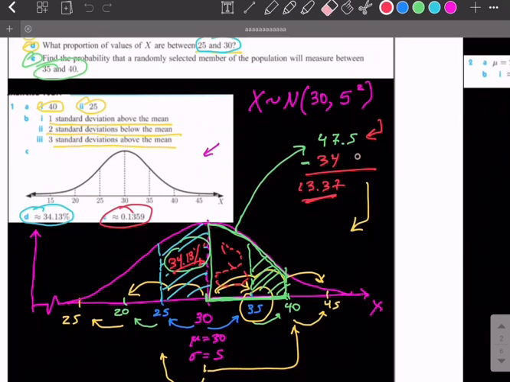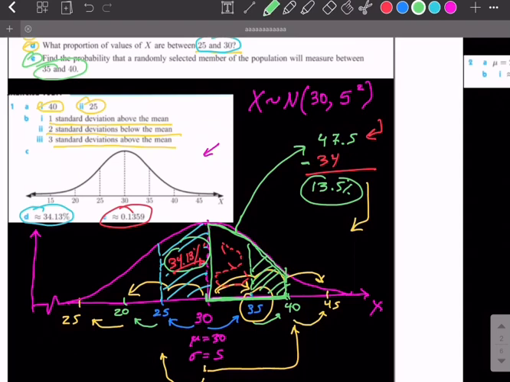For the IB, you would just subtract this number. From 47.5, you would subtract 34. 47.5 minus 34, and you get 13.5%. So that would be good enough for the IB.